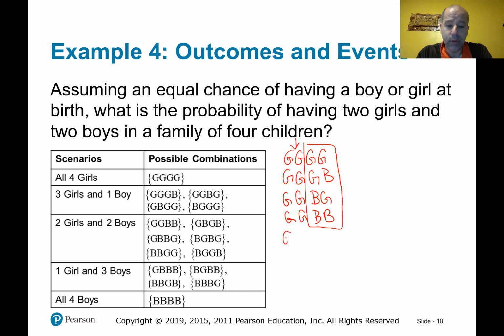So now we're going to do girl, girl, boy, girl, girl, girl, boy, boy, girl, girl, boy, boy, girl, girl, boy, boy. So that's right. Okay, so notice again we went through the same pattern.